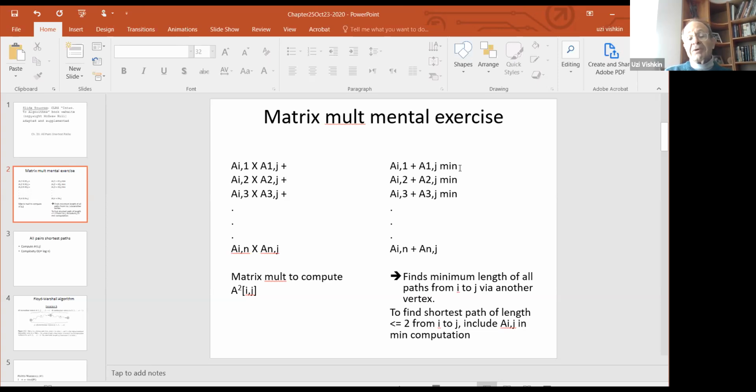So if you think about it, here I do two binary operations, multiplication and addition: the multiplication in a pairwise fashion and then addition across. Here I do addition pairwise and minimum across. But when it comes to operations, imagine you control the arithmetic logic units and you tell them, instead of multiplication, do addition, instead of addition, do minimum.